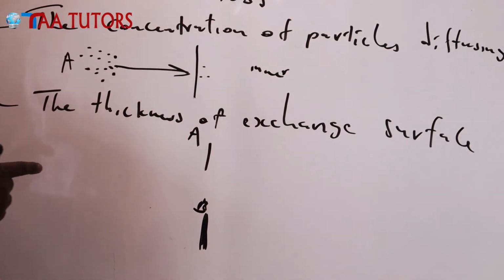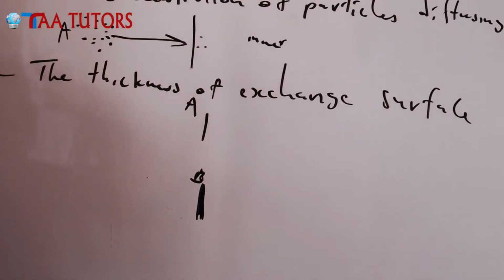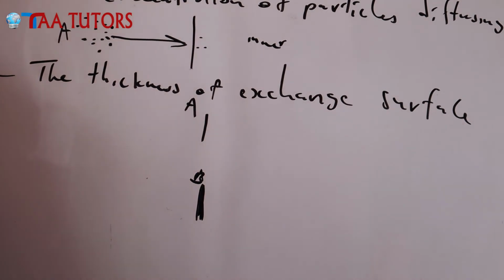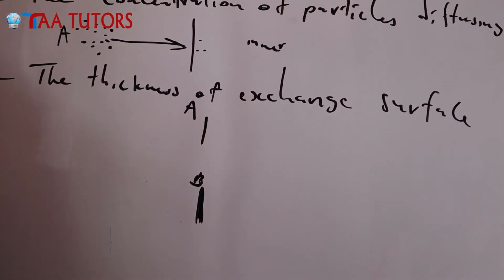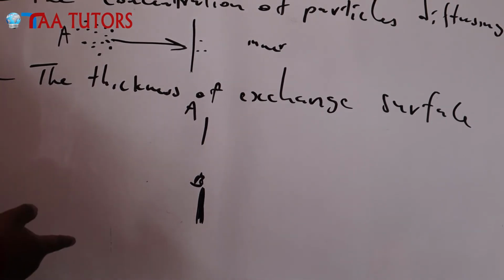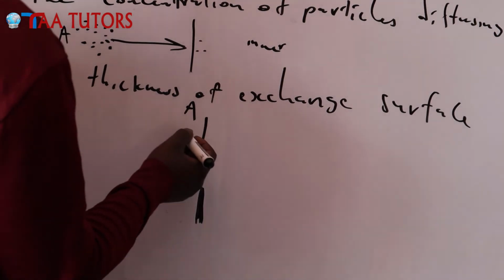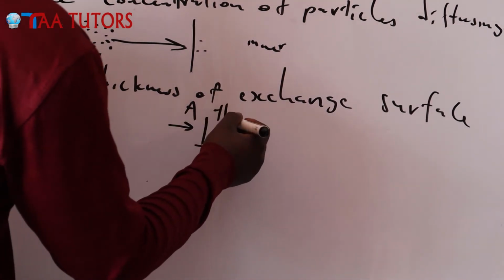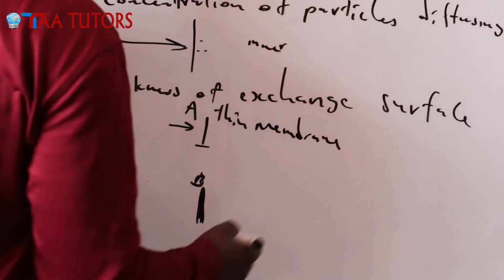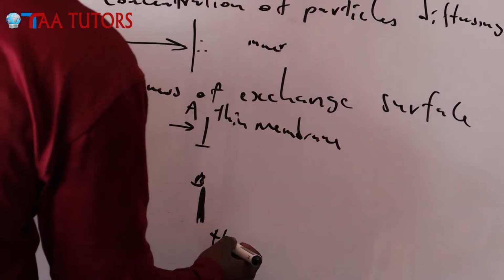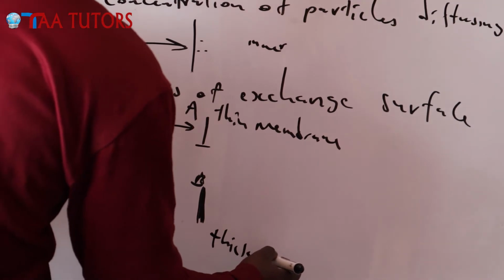Now, if we look at the rate at which the particles can pass through this membrane, we will realize that they are not going to be the same. The time they take in A is not the same as the time they take in B. Why? We can call this one a thin membrane, or thin surface, and this one, which is a little bit thicker, a thick surface.